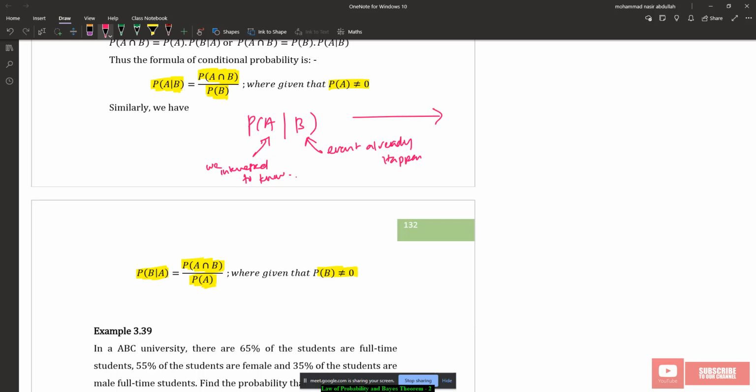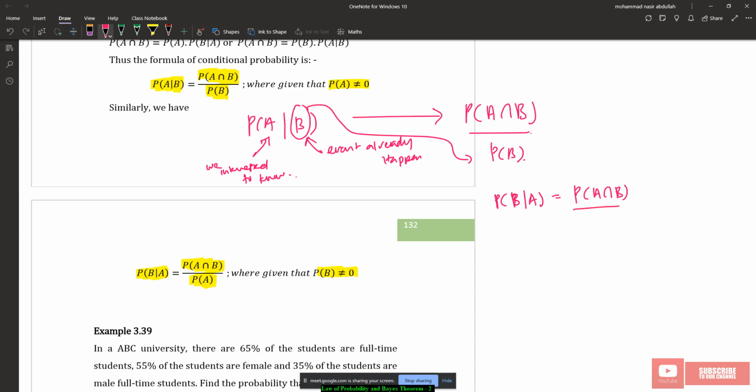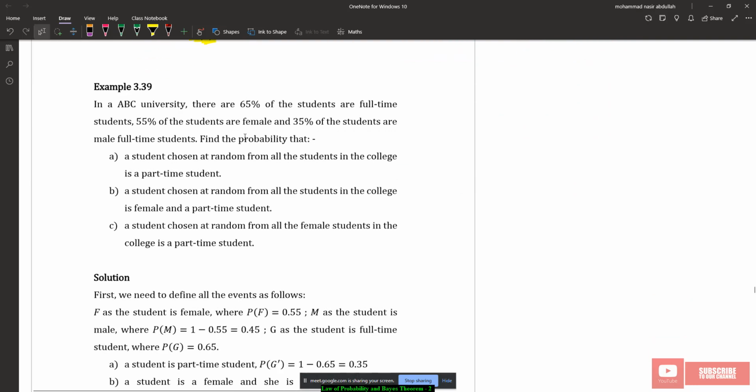So this one should be probability of A intersect B divided by probability of B. Sebab kita tengok dekat sini B dah ada kat belakang, so dia akan duduk dekat bawah. So if you want to find the other way around, probability of B given A, it should be equal to probability of A intersect B divided by probability of A. So A dekat denominator. So this A is already happened. We are interested to find probability of B. Okay. So this is what conditional probability is all about.